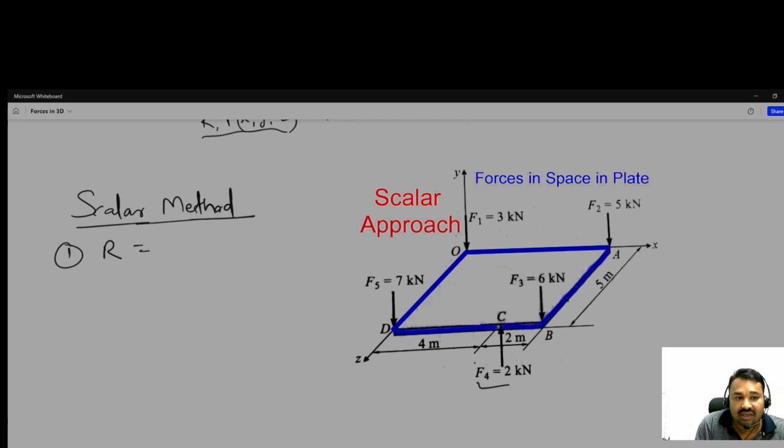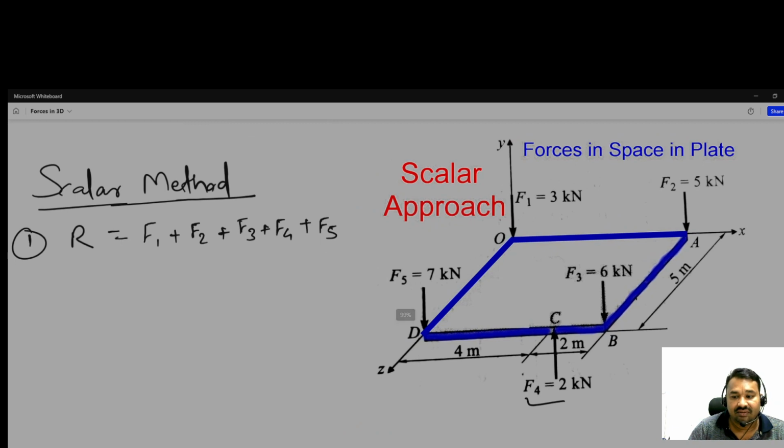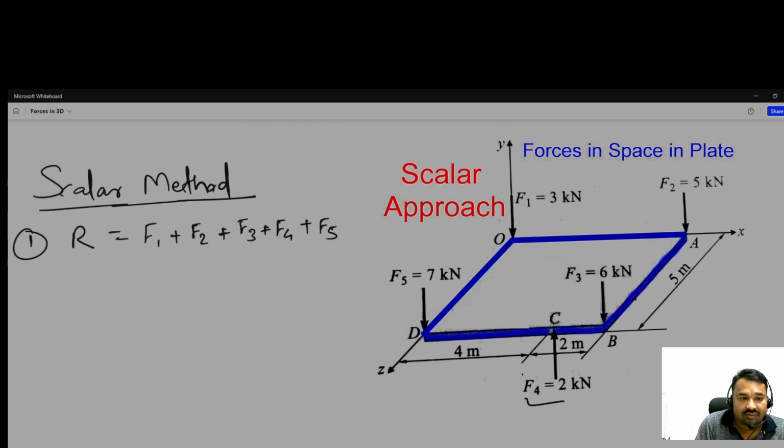F1, F2, F3, F4, F5, these are the forces. There are 5 forces: F1 minus 3, F2 minus 5, F3 minus 6, F4 plus 2, F5 minus 7.